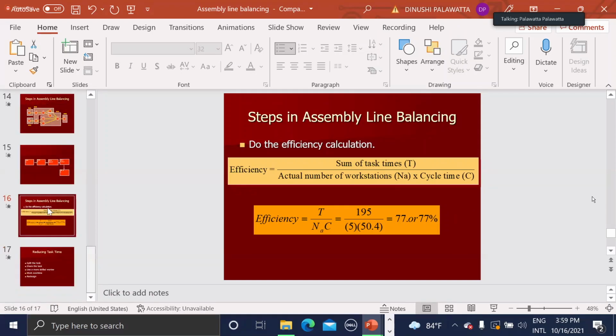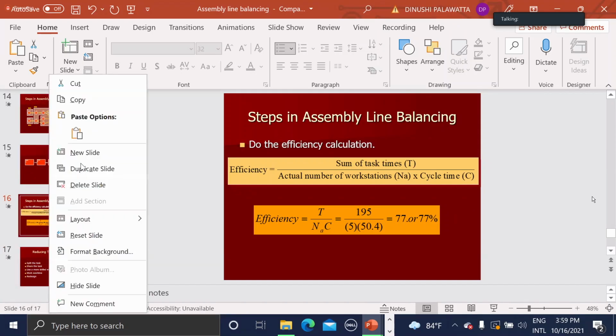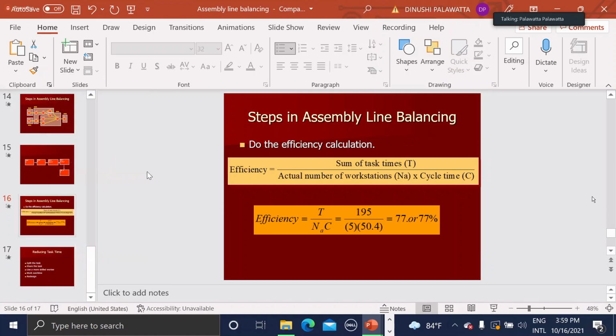And then there's another concept. We call it balance delay.